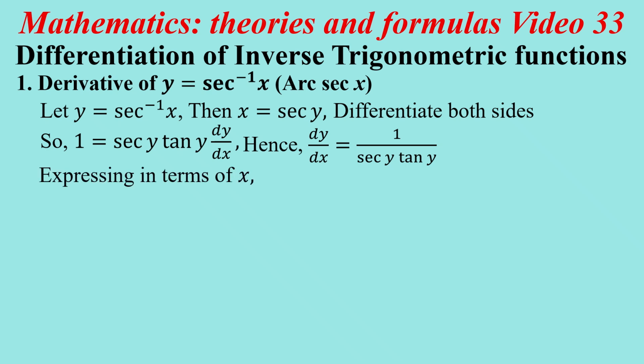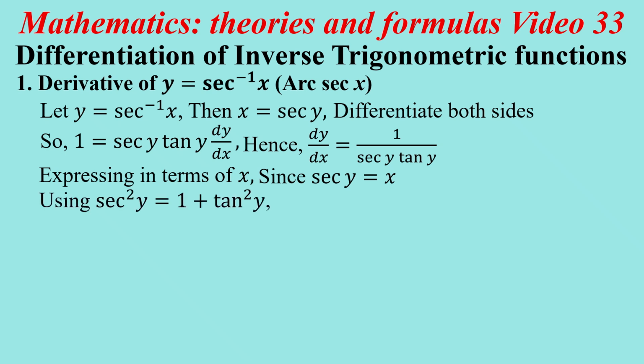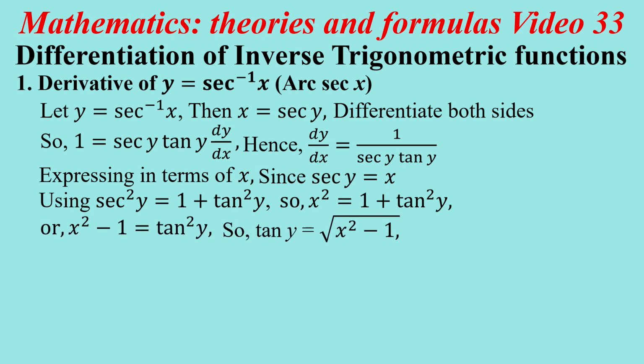So expressing everything in terms of x, we have sec y equals x, that we assumed in the beginning. And we know that sec square y equals 1 plus tan square y. So x square is equal to 1 plus tan square y, and then we can have tan square y equals x square minus 1, and so tan y equals root under x square minus 1.